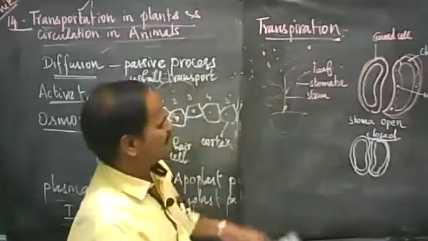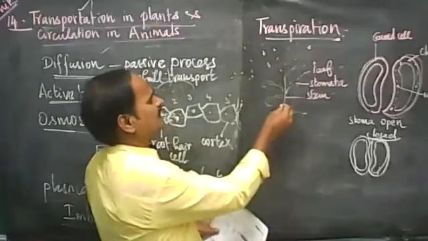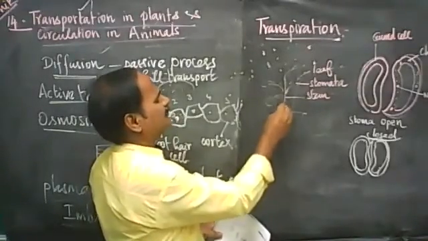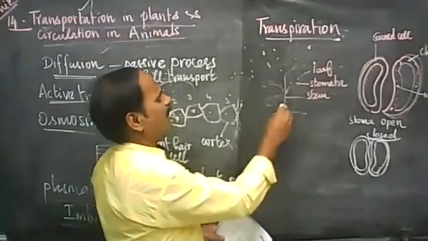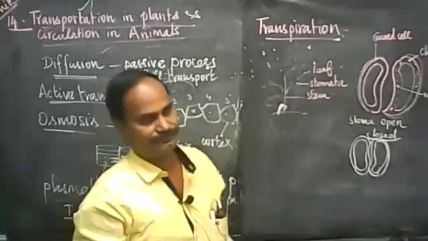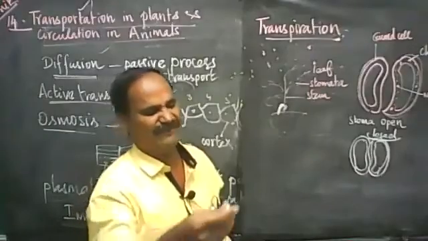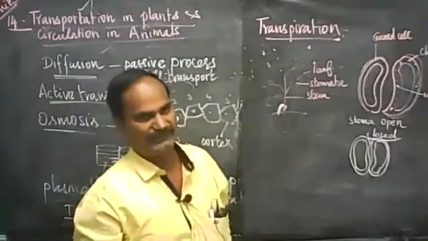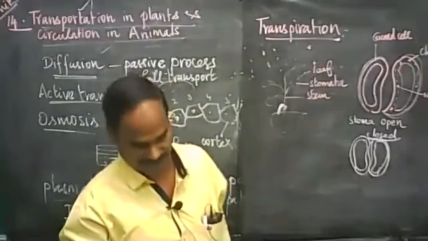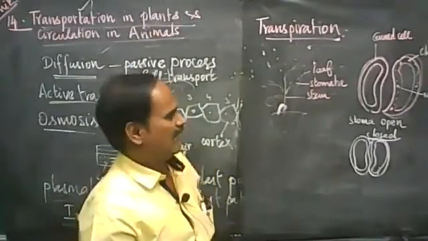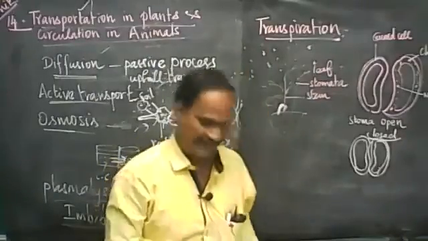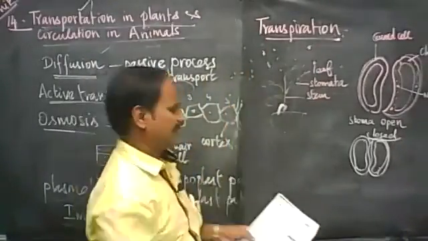In some cases, when you see certain plants, some amount of water leaks through small holes, that is called lenticular transpiration. The loss of water through the aerial parts is denoted as transpiration. Right, with that we have completed transpiration.